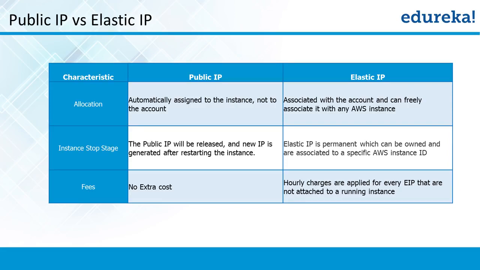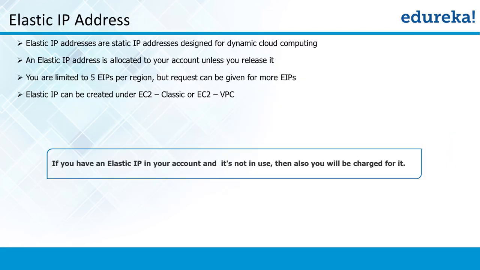This way you don't have to change your DNS name, and your users will fail over smoothly to the new EC2 instance. So it is very important to understand the difference between public IP and elastic IP addresses.